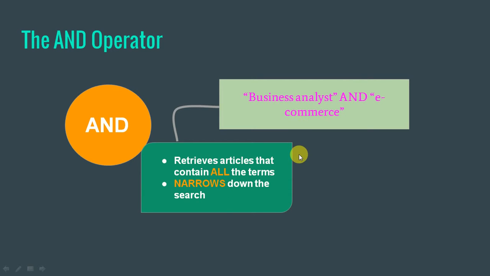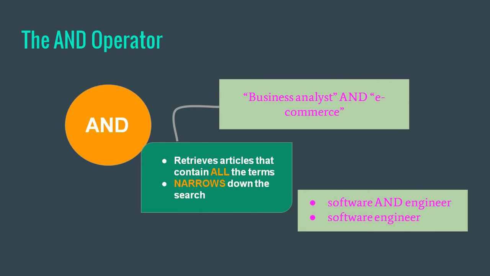However, if you type words without any quotation marks or parentheses, there is actually considered to be an AND between them, just like software engineer. The computer system will search for software and engineer.